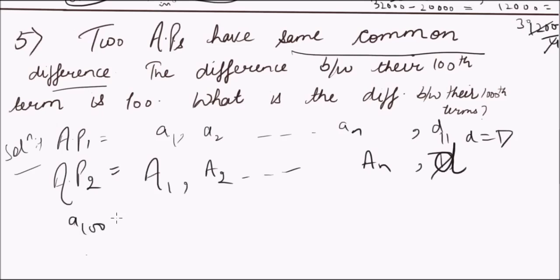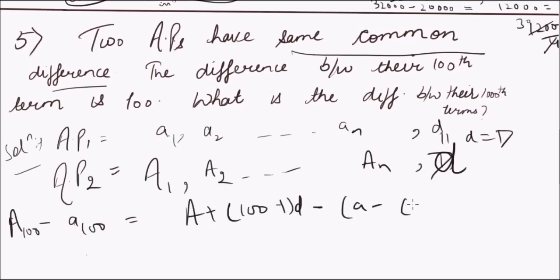Now the difference between a100 for the smaller and capital A100 for the second AP means capital A plus 100 minus 1 into D, minus small a minus 100 minus 1 into d. These d are the same because it is given in the question that both have the same common difference, that is small d equals capital D. This difference is given as 100.